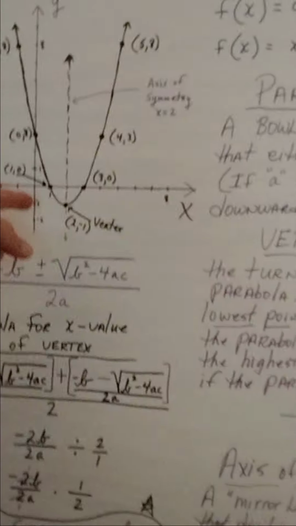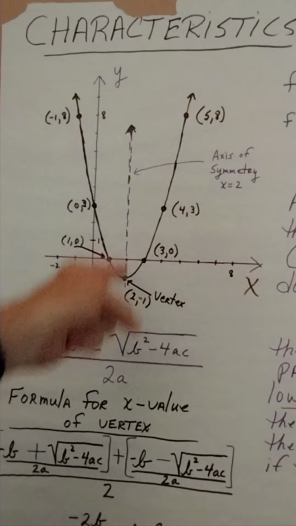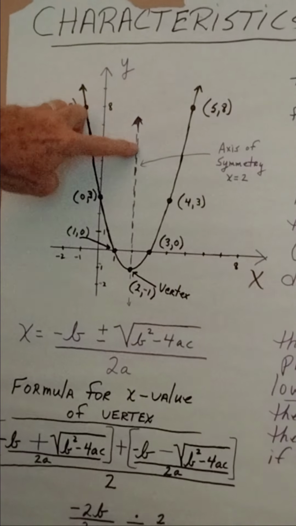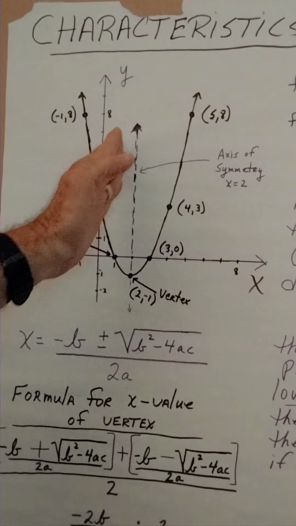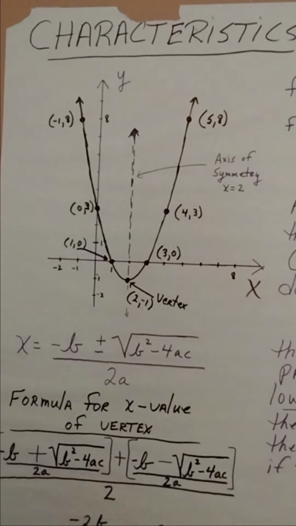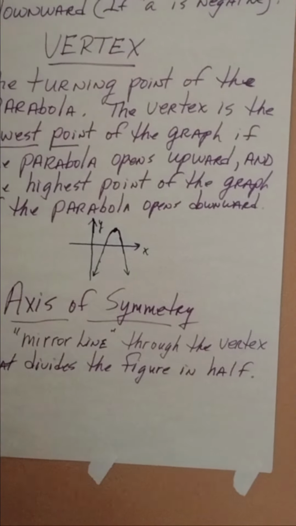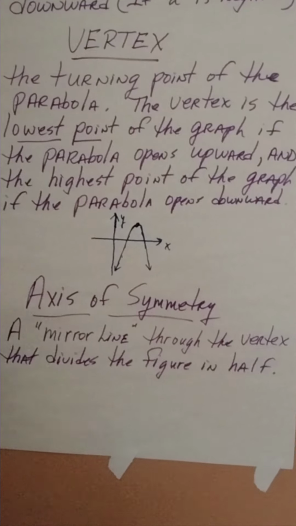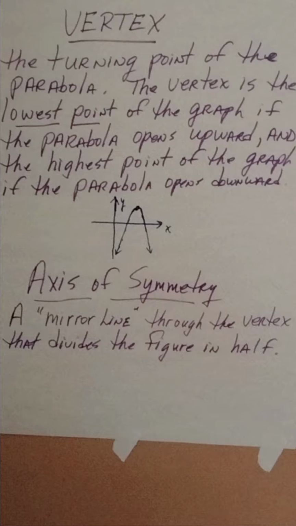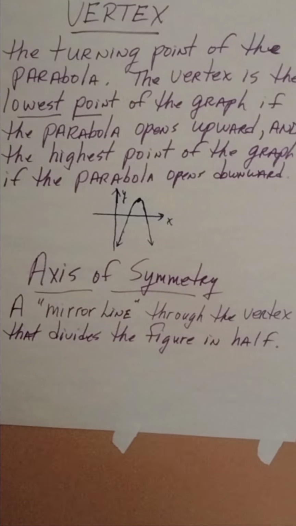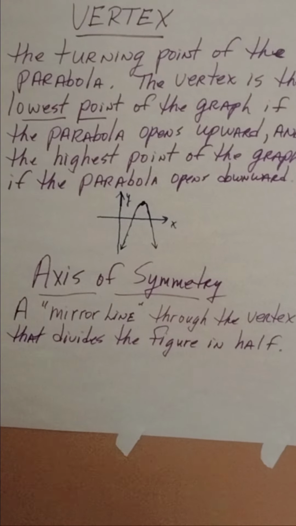If you take an imaginary vertical line and send that vertical line straight down through the vertex, that imaginary vertical line is called the axis of symmetry. The axis of symmetry is a mirror line through the vertex that divides the parabola in half.